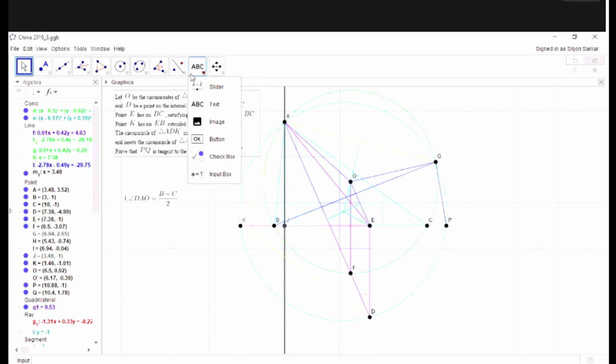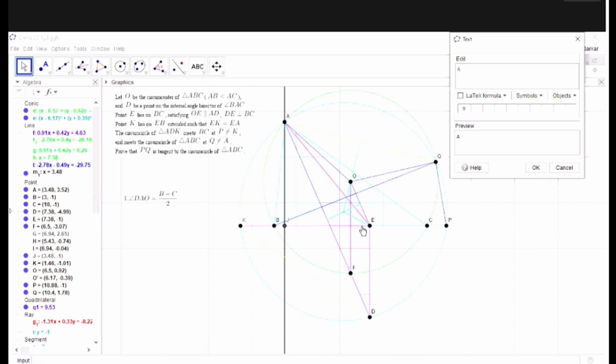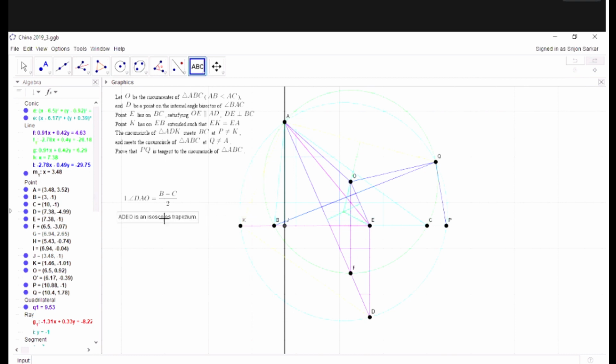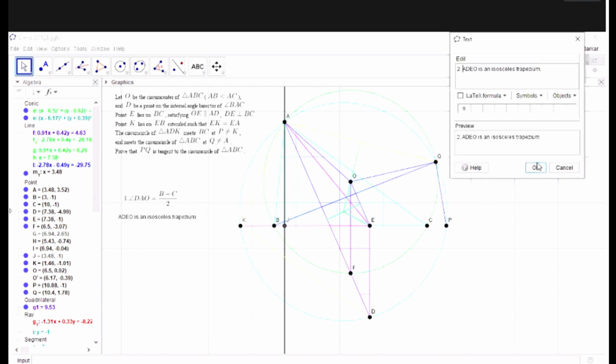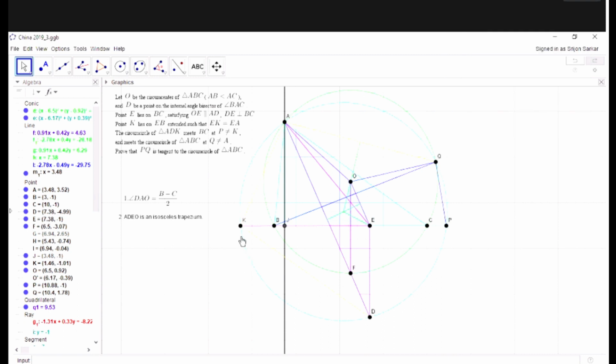So let me write down ABEO. We want to prove that PQ is tangent to the circumcircle of ABC.